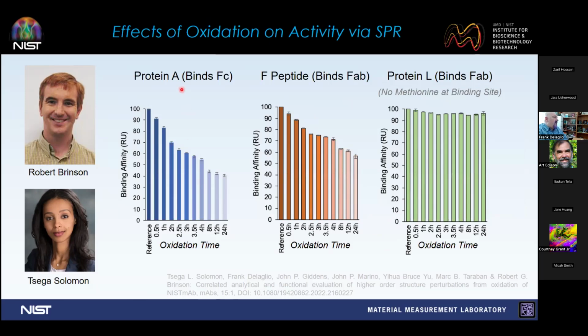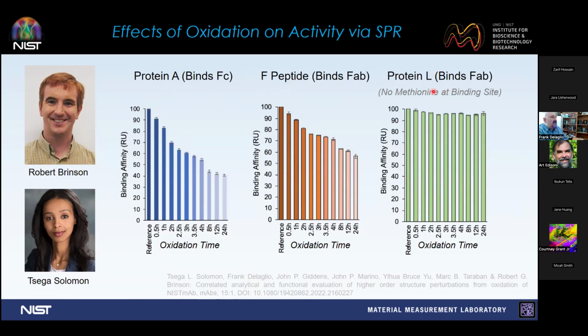Furthermore, if we monitor the binding of different kinds of proteins like protein A or protein F, these two proteins bind in positions that protect some methionines on the surface. And so, since the methionines are in the binding site, increased oxidation time reduces the binding affinity with these two peptides.